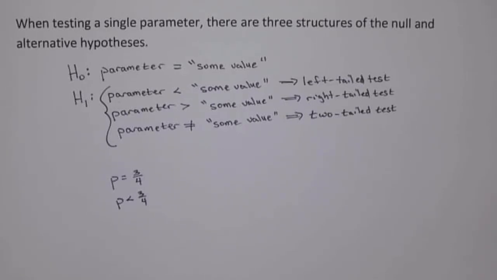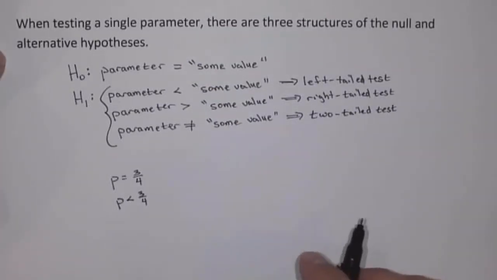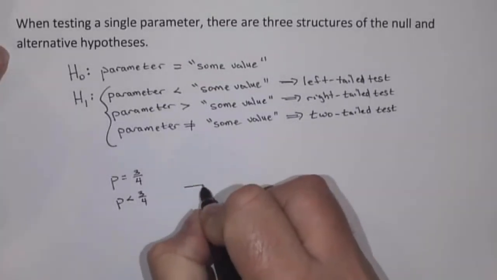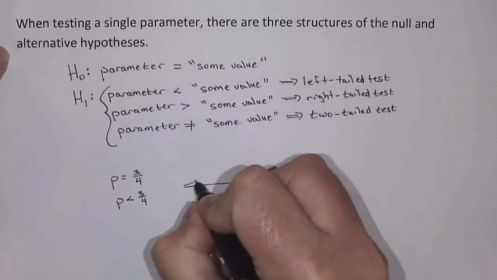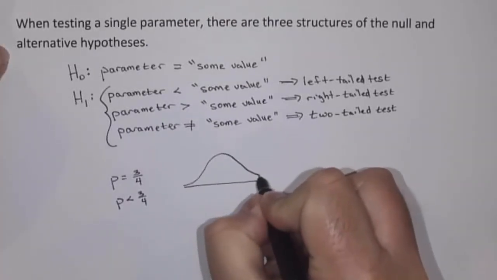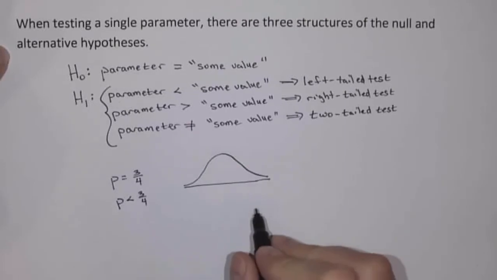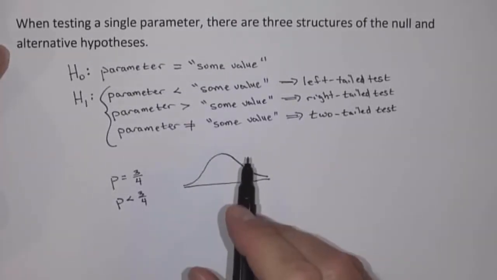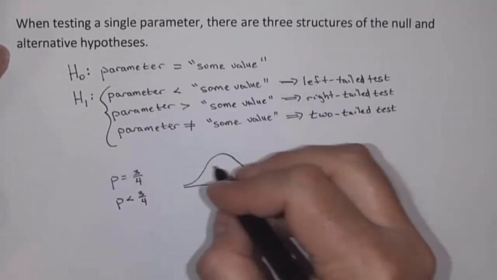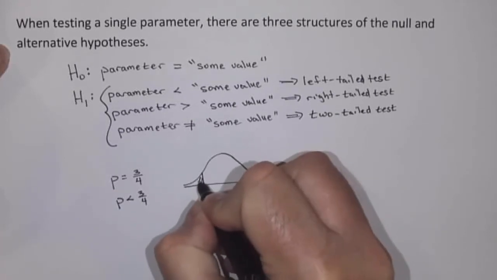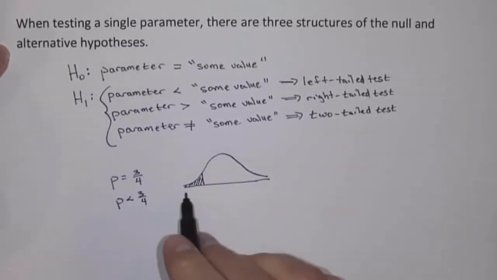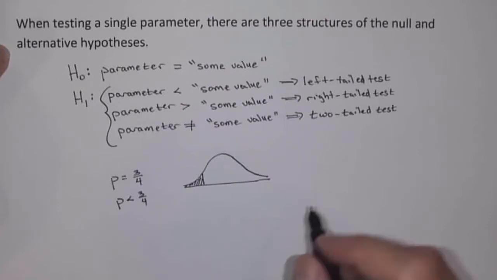Now, what do we mean by a left-tailed, a right-tailed, or a two-tailed test? Well, we'll get into that in a lot more detail in future videos, but basically here's the idea. If we have either a normal distribution or a t-distribution that we're using that models the test, then if we're dealing with a left-tailed test, that means we're going to be interested in what's going on in the left tail of that model.